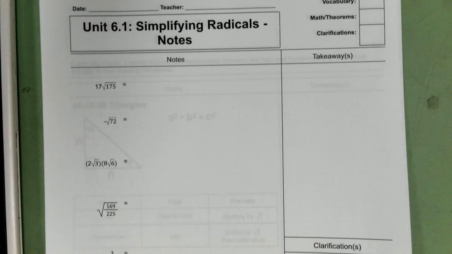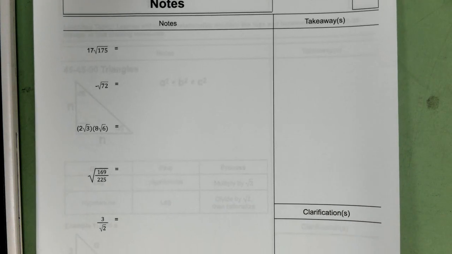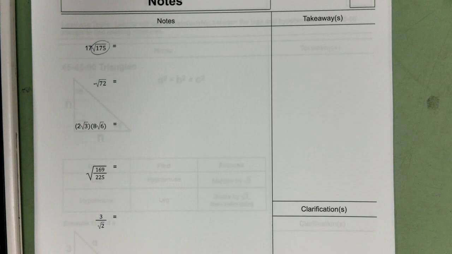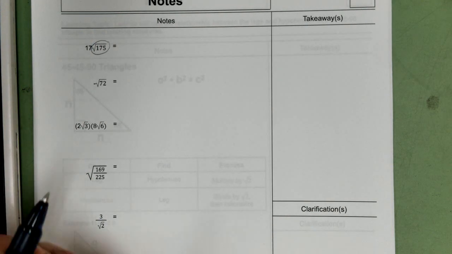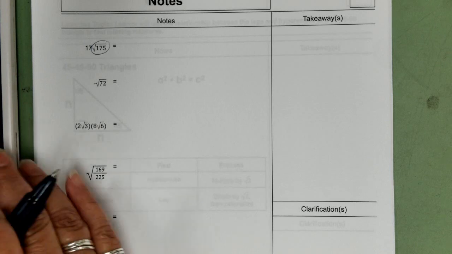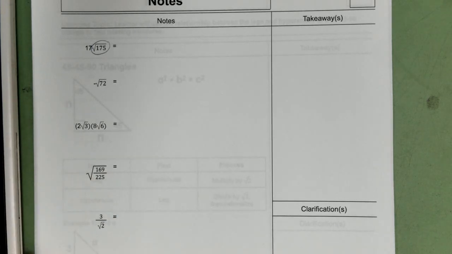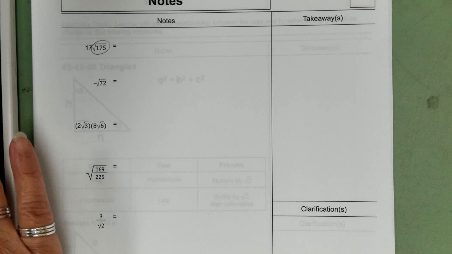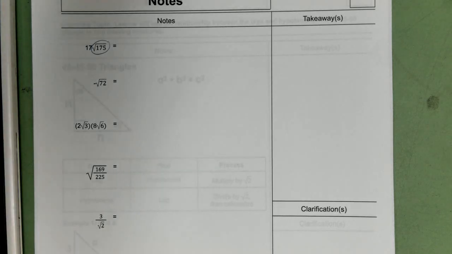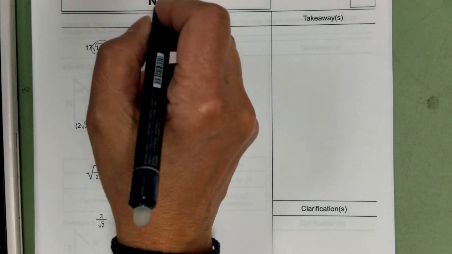Okay, now, coming to this problem, the first thing we have to do is simplify the square root of 175. So again, I'm going to go over to my calculator. I'm going to enter 175 divided by x, and I find the first perfect square is going to be 25.